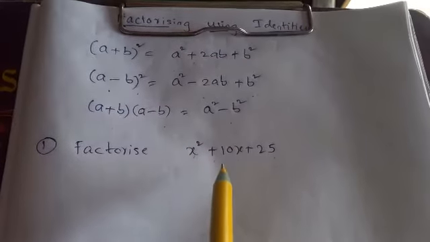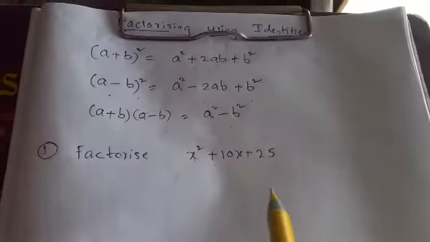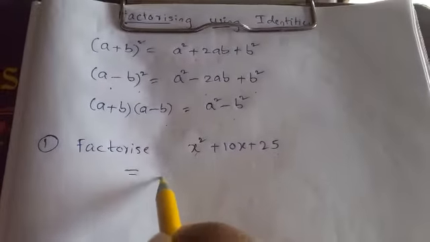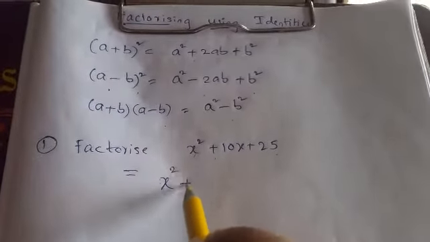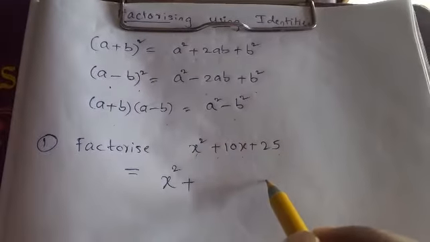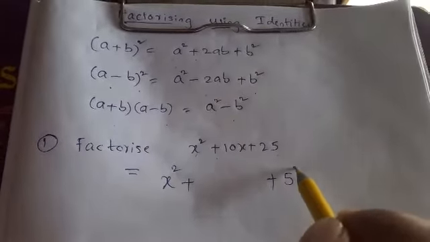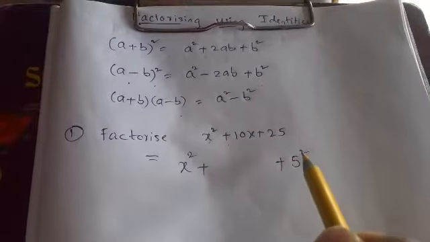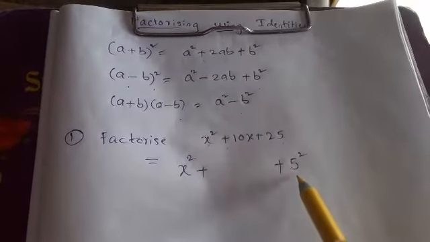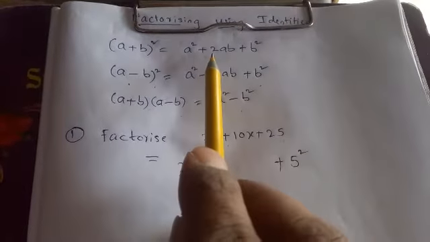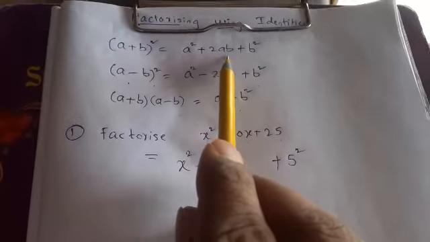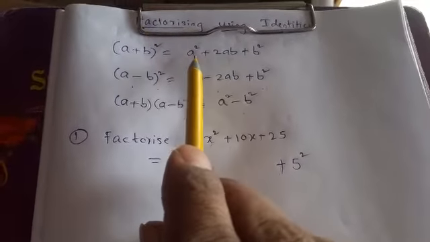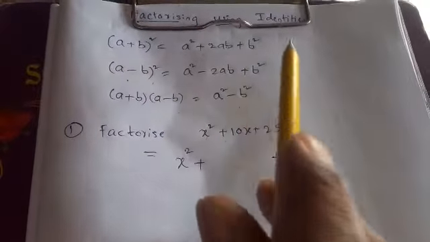So we can apply (a + b) whole square. For that, first I am writing x square plus 25 written as 5 square. Now see, this is x square, and 25 can be written as 5 square. You can observe the middle term is 2ab, that means twice the product of a and b.